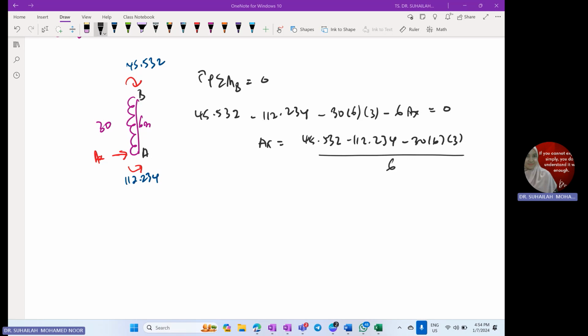And the answer we divide by 6. So AX is negative 101.117.